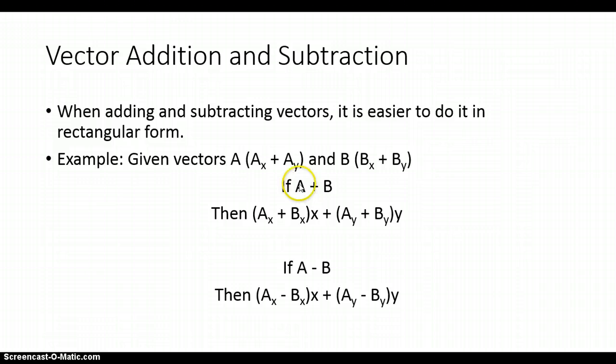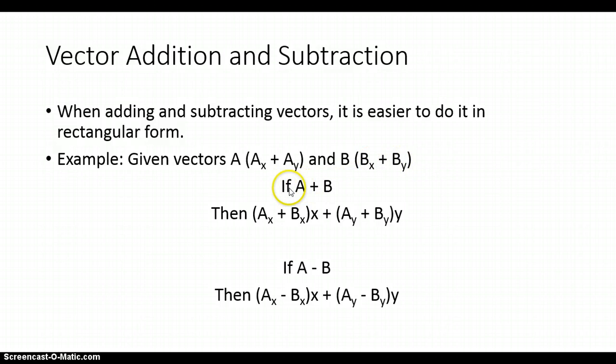Let's say we're doing addition and subtraction of vectors. In this case, it's much easier to do this when they're in rectangular form. If you're given a vector A, you know that you have a sub x plus a sub y, and if you have B, then you have b sub x plus b sub y.